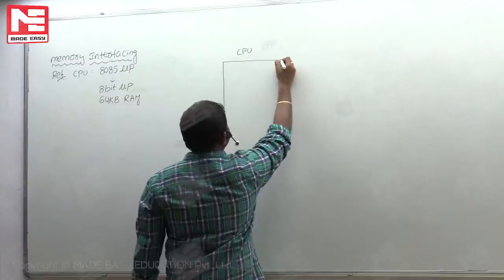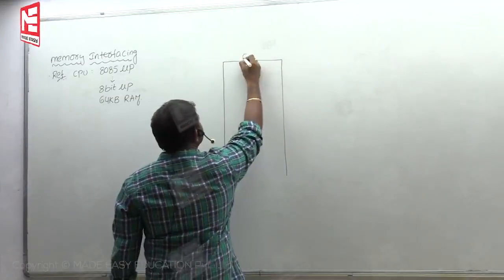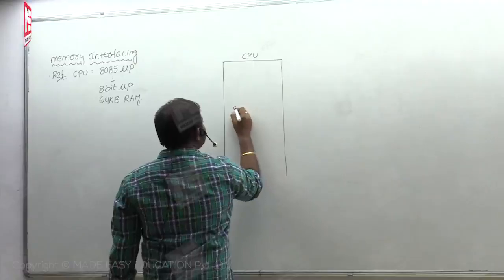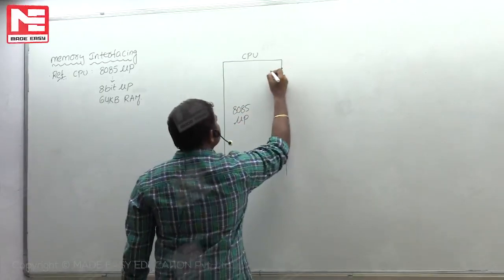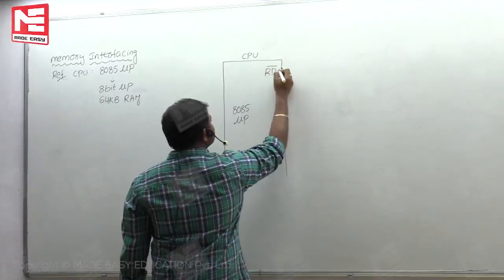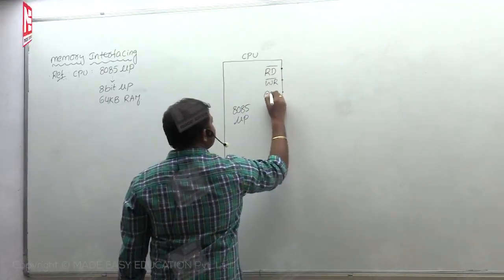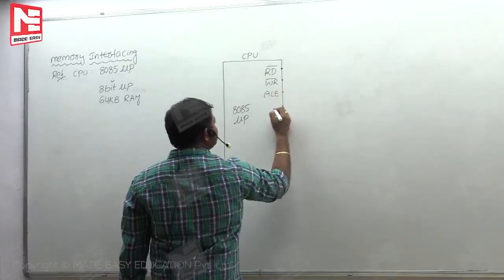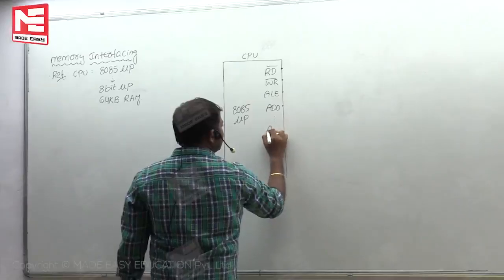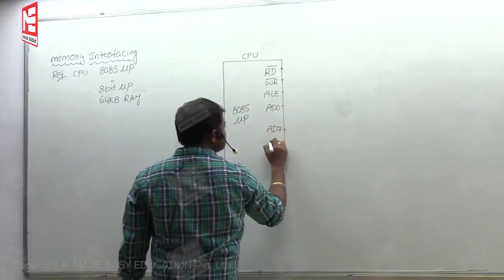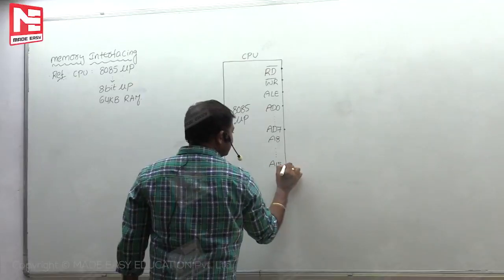First let us complete the diagram. CPU, the 8085 microprocessor. Here RD bar, WR bar, ALE (address latch enable), AD0 to AD7, then A8 to A15.